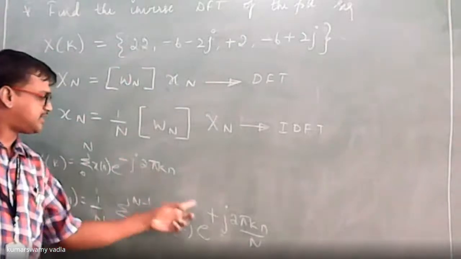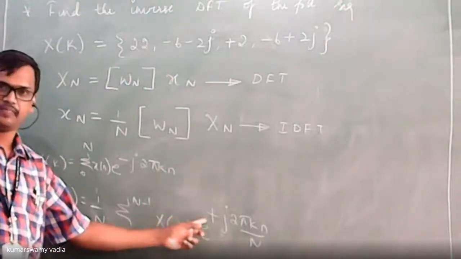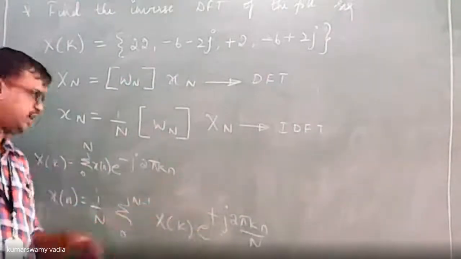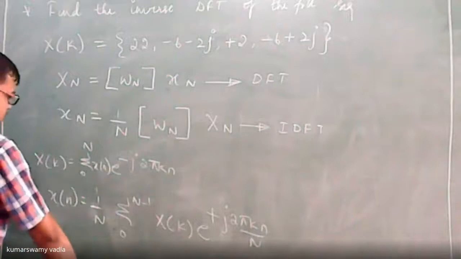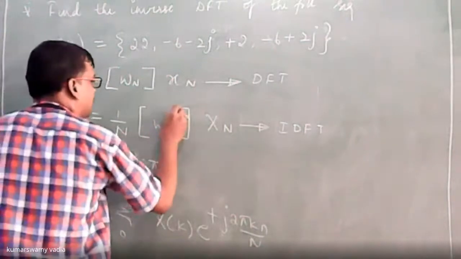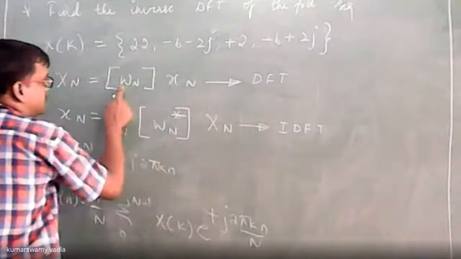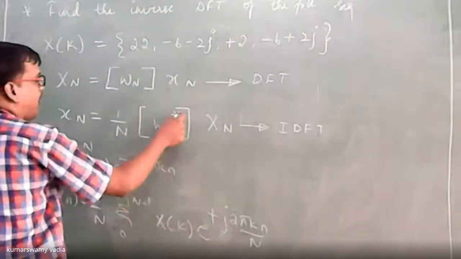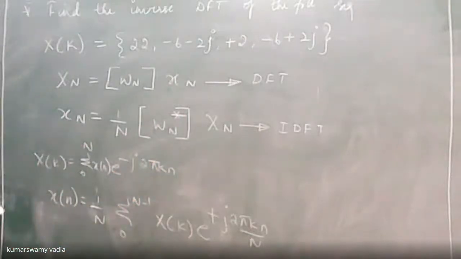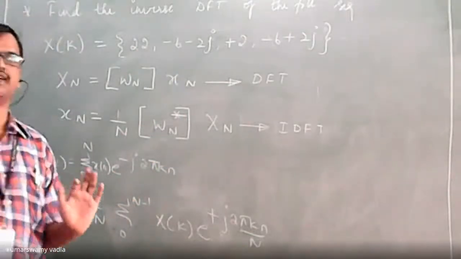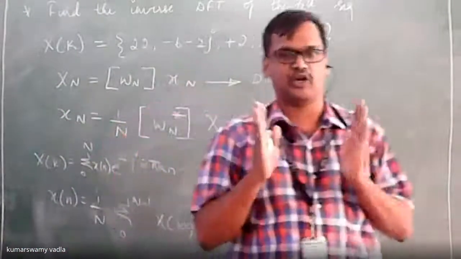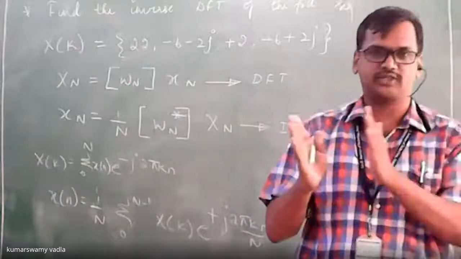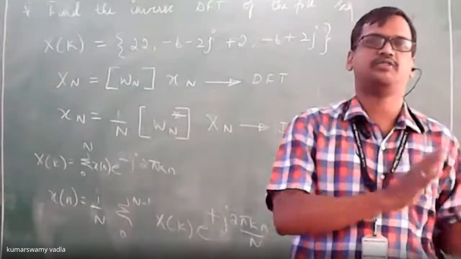Here the minus is replaced with plus j; the j terms are changed. Similarly, in the twiddle factor matrix, we change one thing: instead of W of N, we utilize W N power star, its conjugate. The star mark represents conjugate, and wherever you find plus j, you replace it with minus, and minus is replaced with plus.